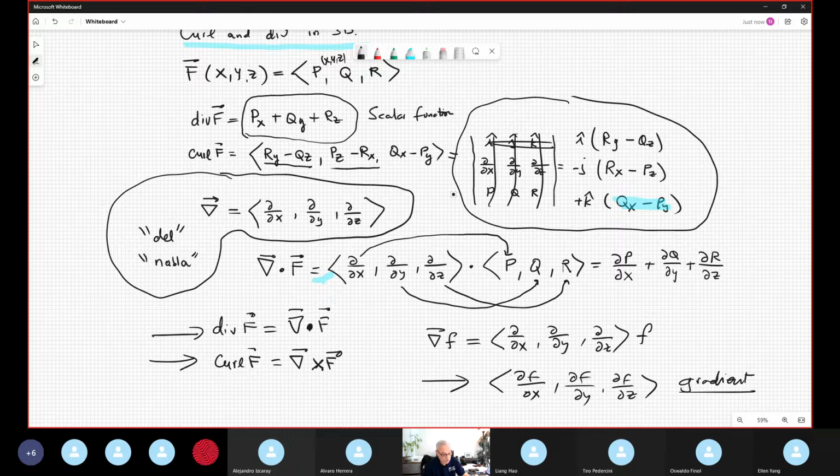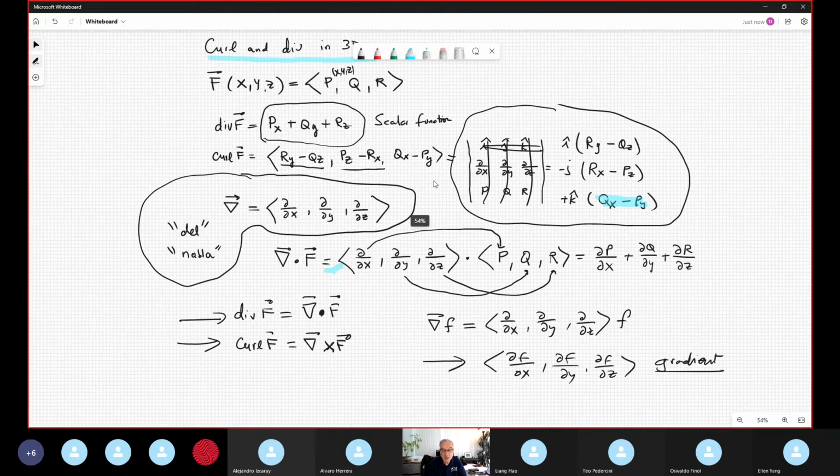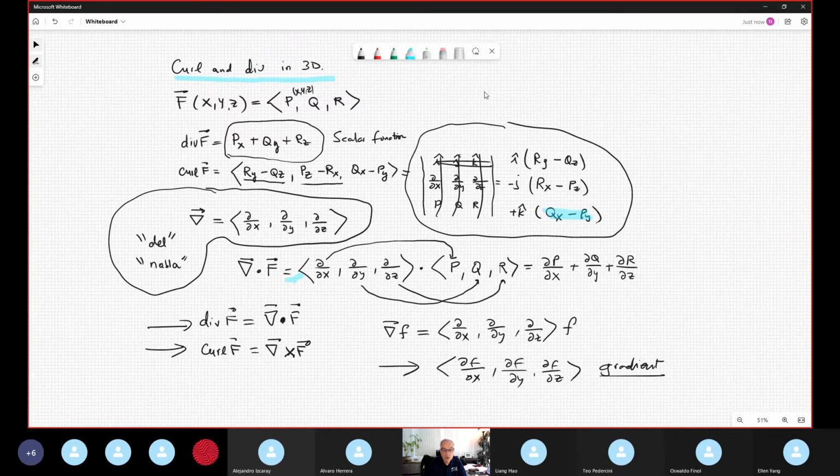Okay, so now to see the beauty of this, let me investigate two important identities that we use throughout vector calculus. Okay, do you follow me? Do you understand the notation, guys? Do you understand the convenience of the notation or no?